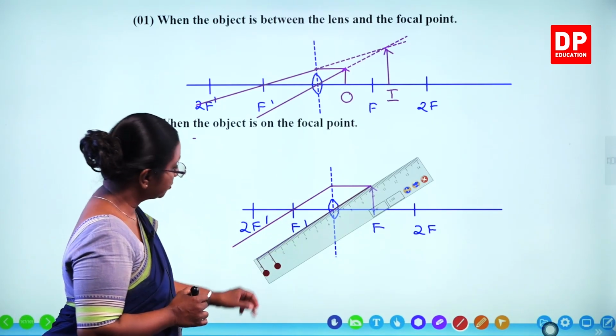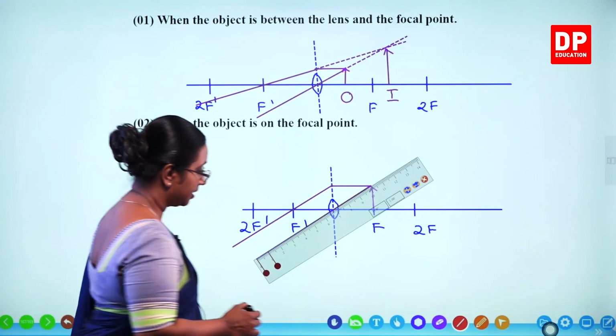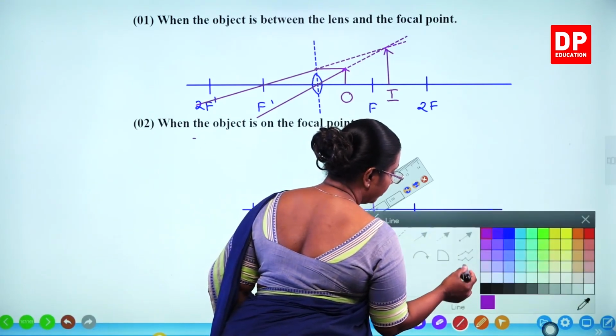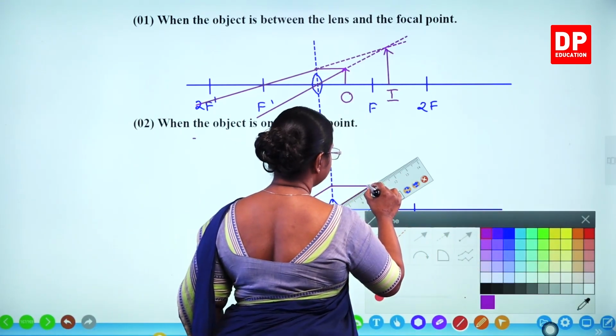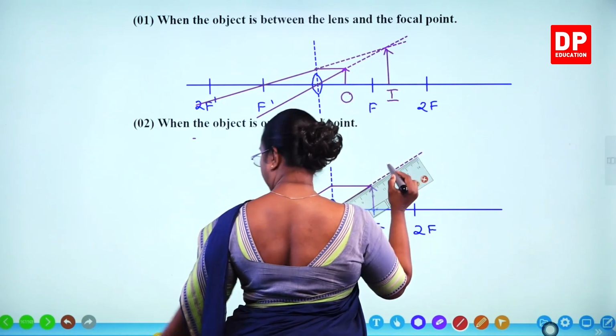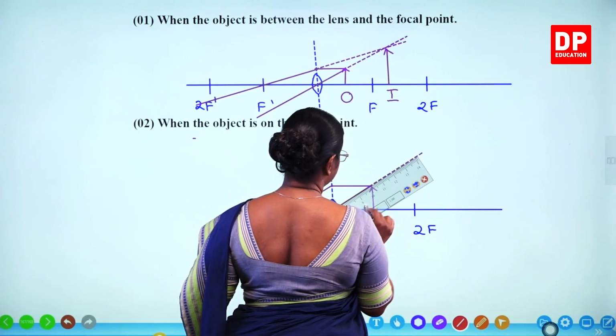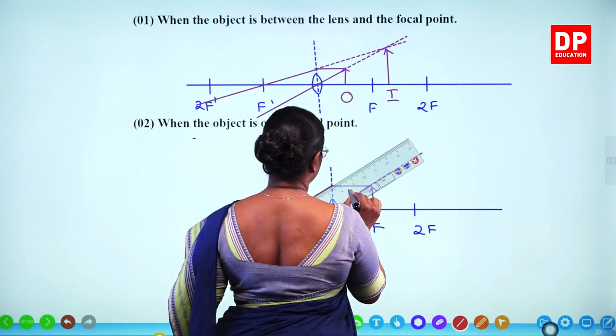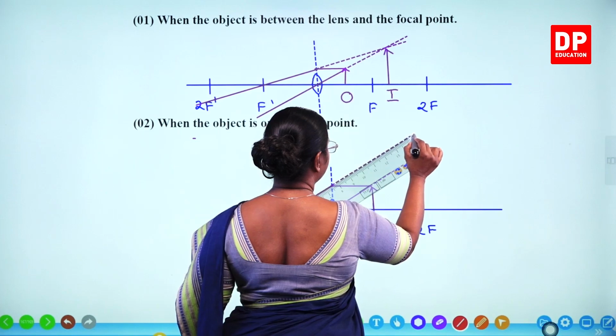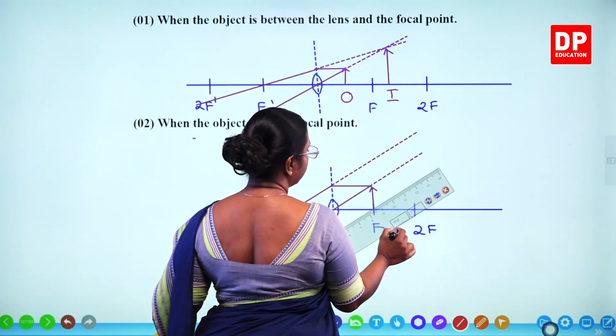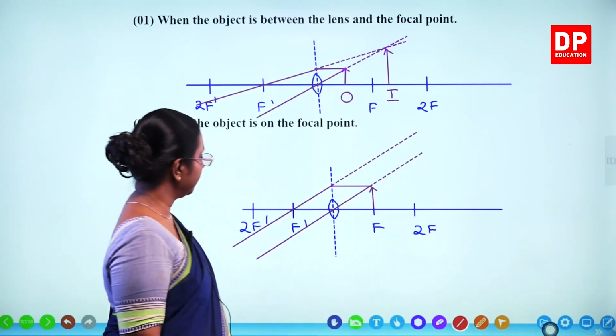So these two rays will not meet. What do we do? We extrapolate the rays to show that they won't meet. This is one and this is the other one. They will be going parallel to each other.